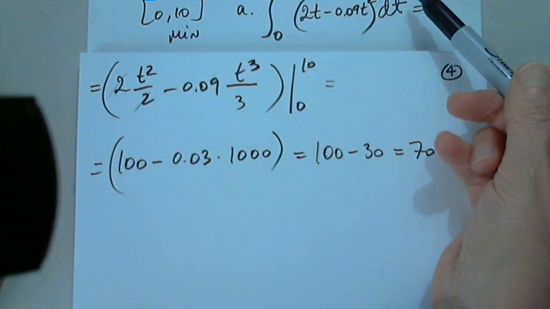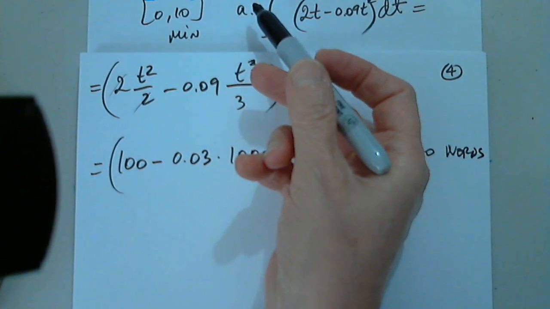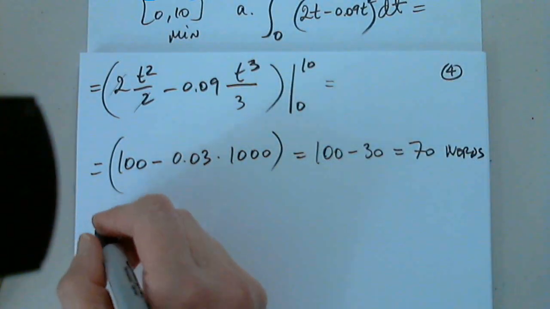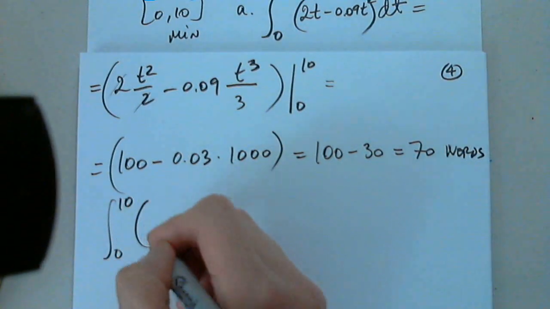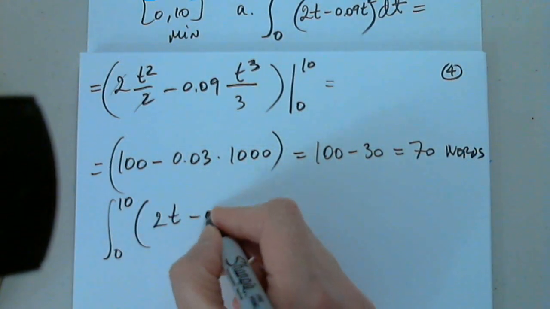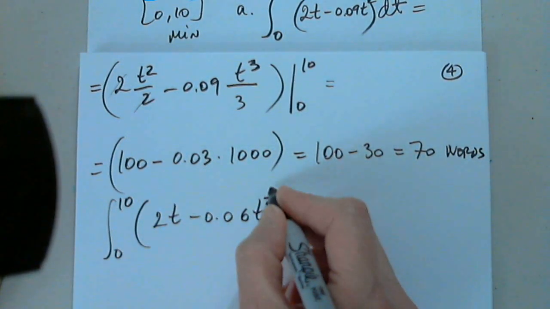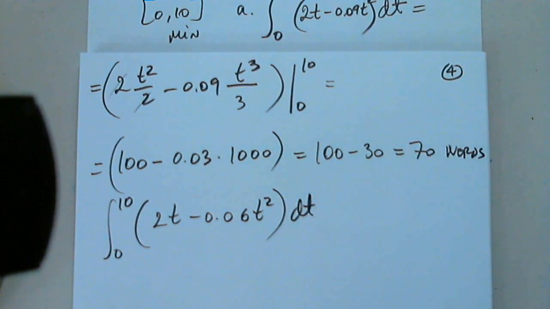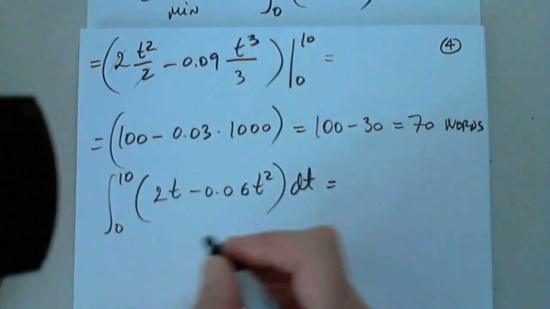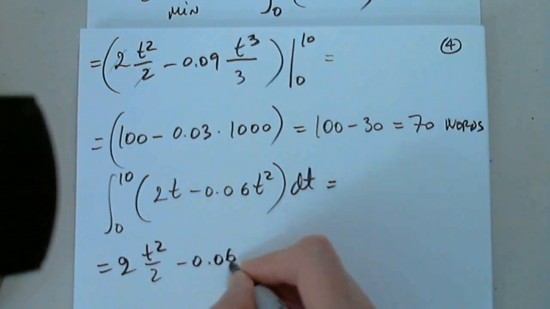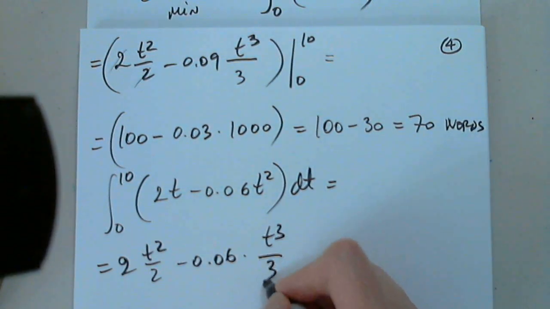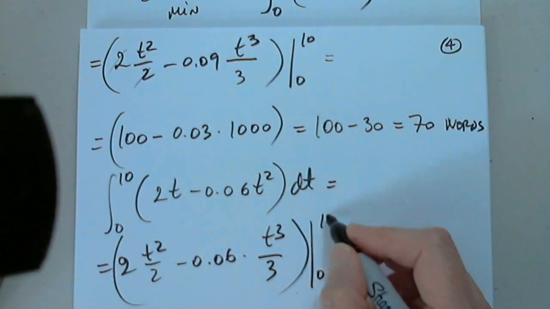So we have to repeat for Bonnie. For Bonnie, we have the integral from 0 to 10 of 2t minus 0.06t squared, of course, dt. I know you're going to say the same thing: 2t squared over 2 minus 0.06t to the third over 3, from 0 to 10.